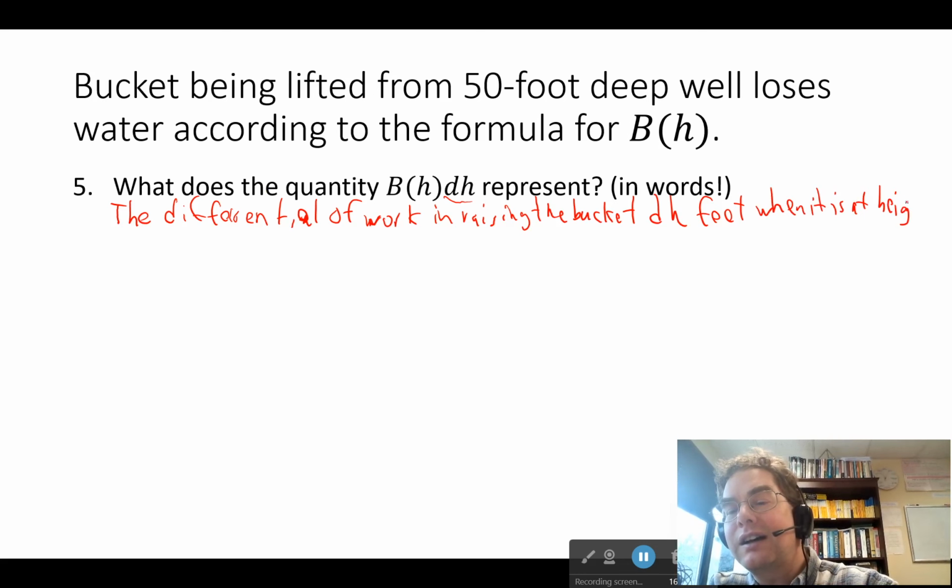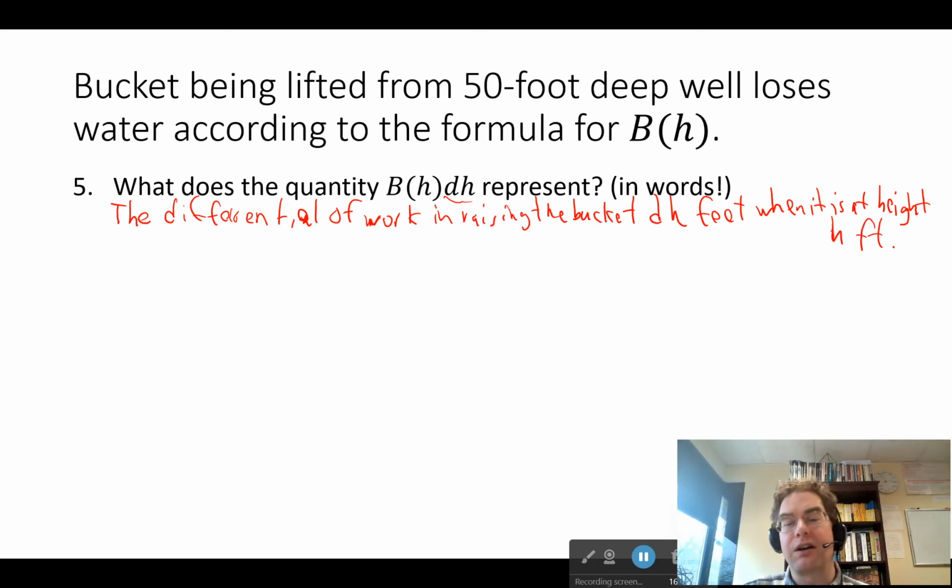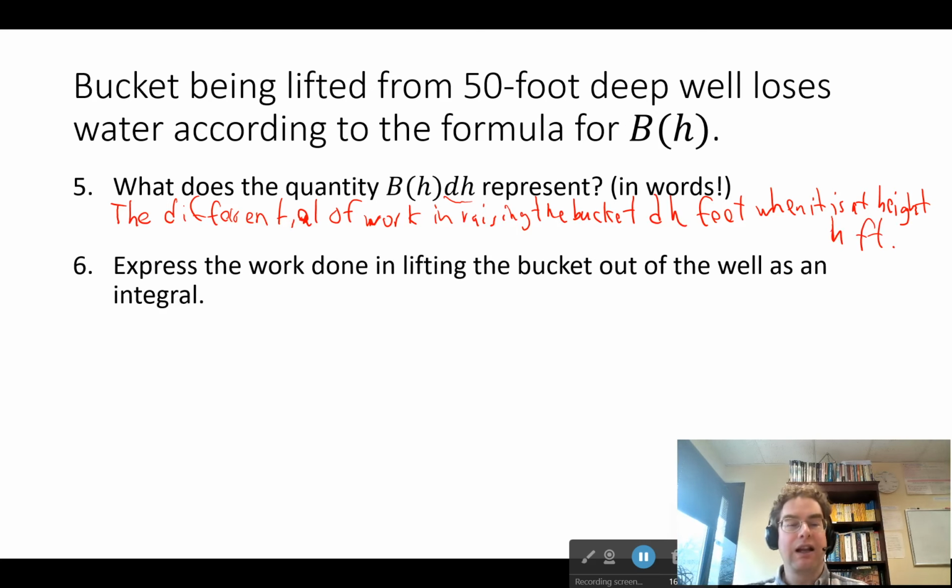So when it is at height H feet. Okay, so this is following our procedure again of breaking things down into very small pieces, computing what's going to happen with each little piece, and then adding up those results to get the exact total.